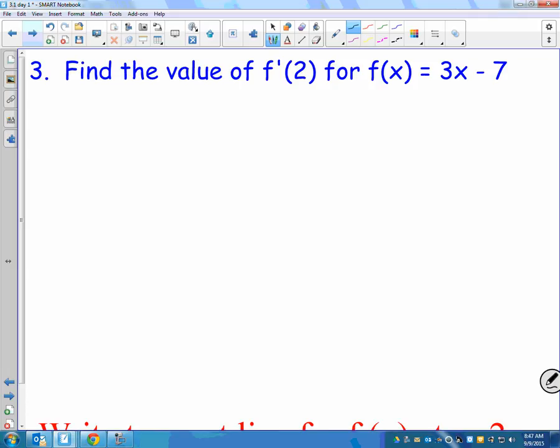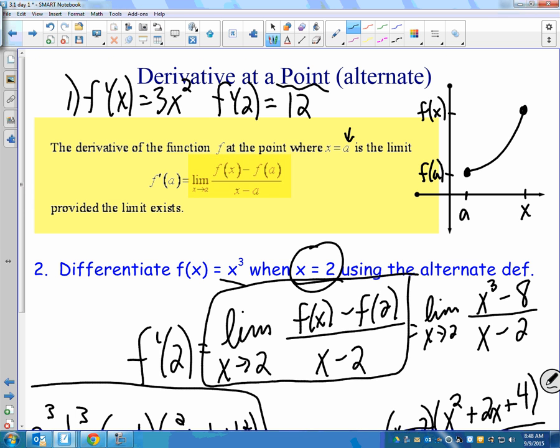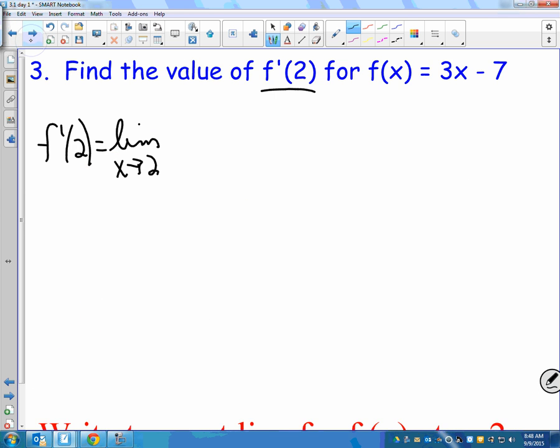If we do the alternate way, you have to know that f prime of 2 is the limit as x approaches 2 of f of x minus f of 2 over x minus 2. That's a nice way. We can do the alternate form because we're finding it at a point.